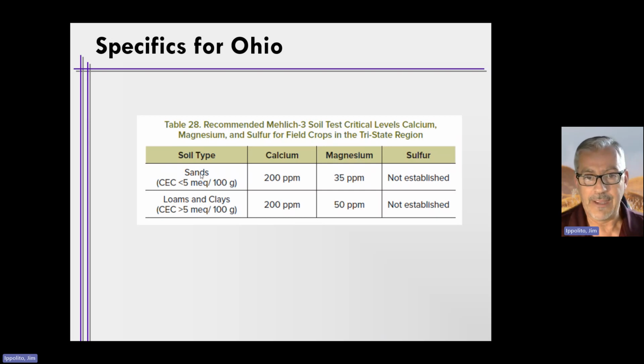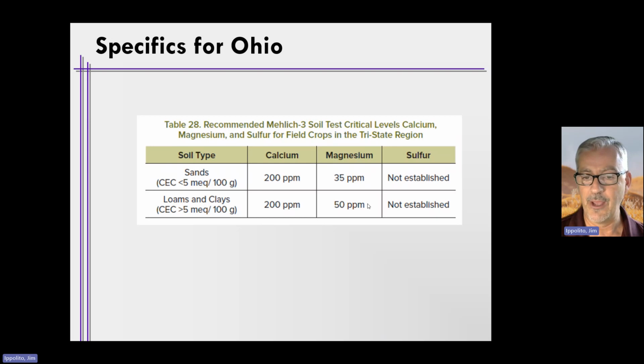So this is the puzzle, right? This is the soil fertility puzzle we're putting together for you, that CEC and texture go hand in hand to discern or identify the needs of calcium and/or magnesium in our soils. So for coarse textured soils or finer textured soils, with respect to calcium, the critical soil test concentration is 200 parts per million.